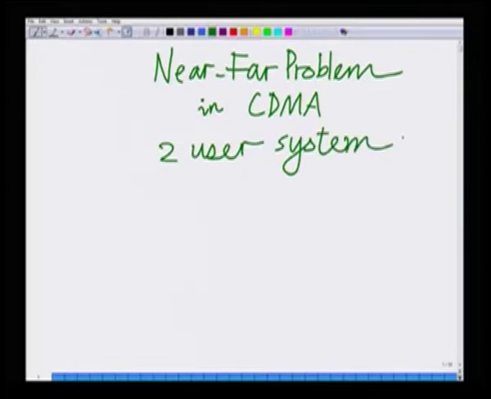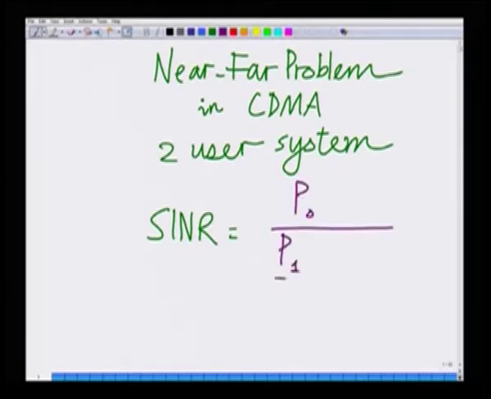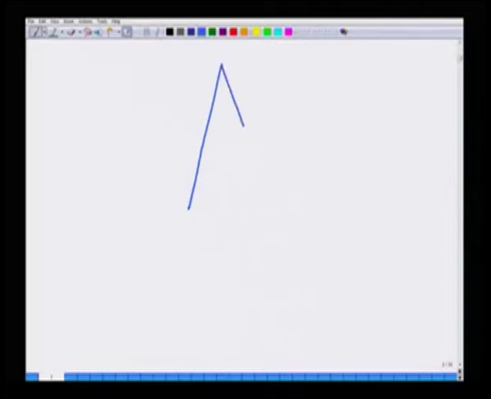We know that the SINR at user 0 is given as P0 divided by P1 by N plus sigma n square divided by N. This is the multi-user SNR in a CDMA system. Let me depict that scenario over here.